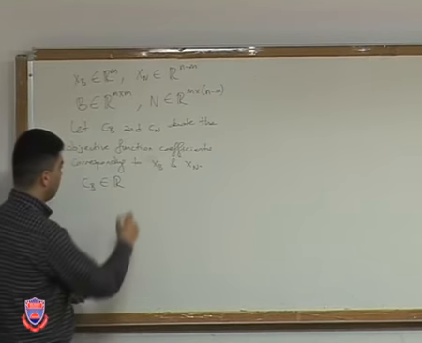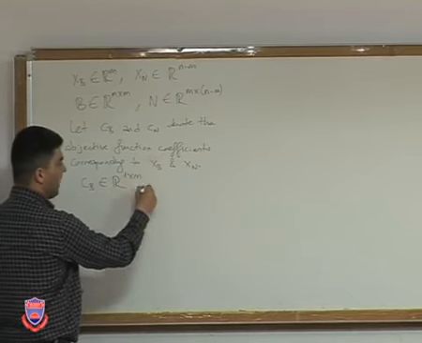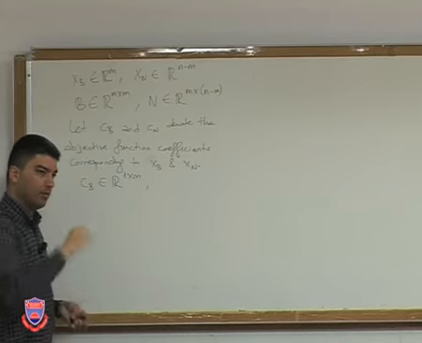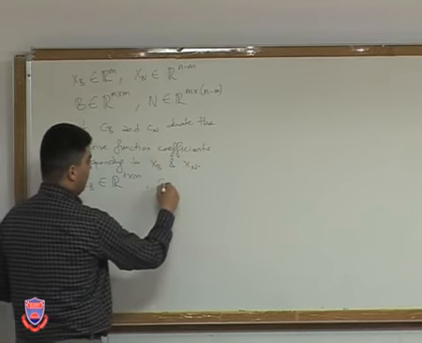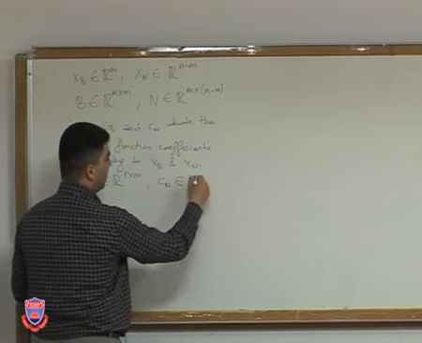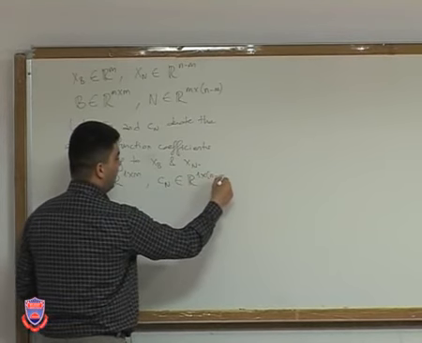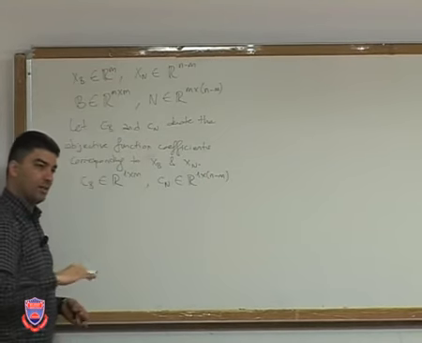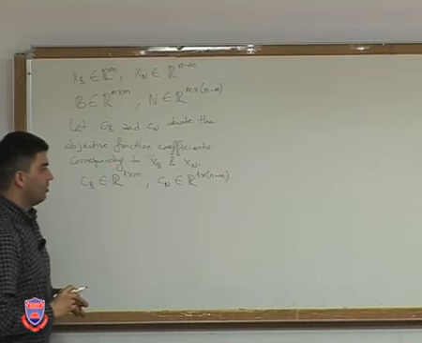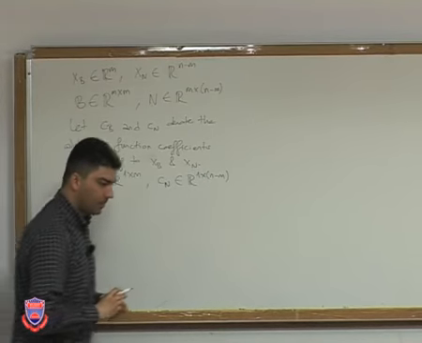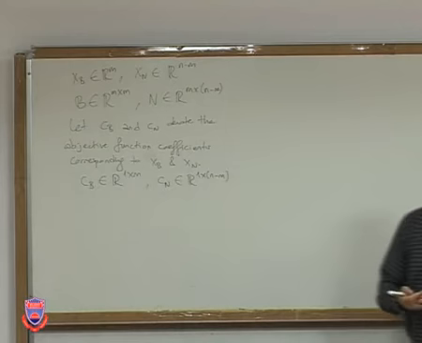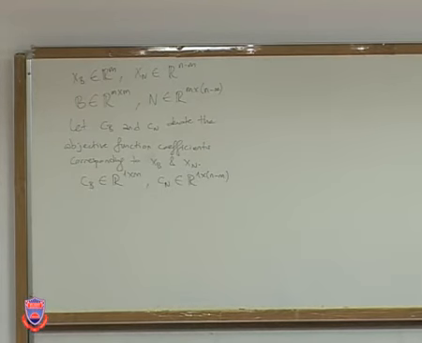There's going to be m of them, right? So as a result, CB will be a 1 by m vector, or m-dimensional row vector. What is the dimension of CN? So it's going to be an n minus m dimensional row vector. It will consist of the coefficients of non-basic variables. Is that clear?